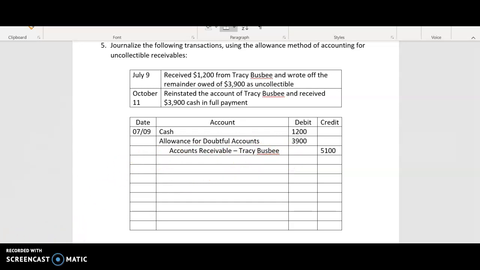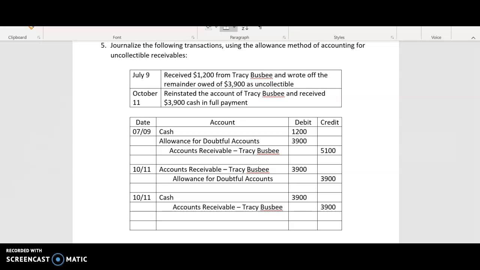And then on October 11th, we're going to be reinstating it, and we're going to reinstate the portion that we wrote off, which is the $3,900 for the allowance for doubtful accounts and the portion of accounts receivable of $3,900. So here is the reinstatement entry. And here is the entry to receive the cash from Tracy Busby on her account. Now the key to this one is before we could use our bucket, we need to set up our bucket.